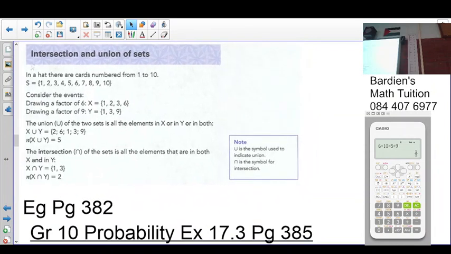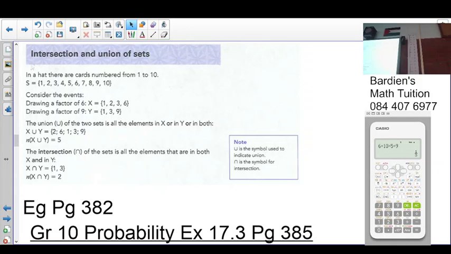All right. Intersection and union of sets. In a hat, there are cards numbered 1 to 10. The sample space S is equal to 1, 2, 3, 4, 5, 6, 7, 8, 9, 10. We listed this already. Consider the event drawing a factor of 6. What are factors of 6?